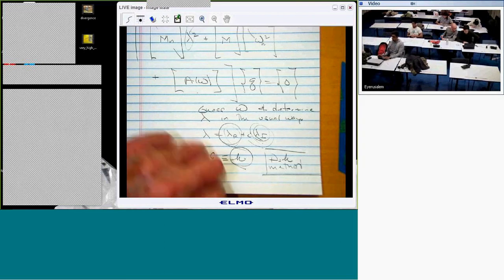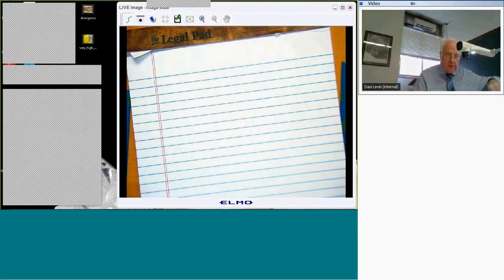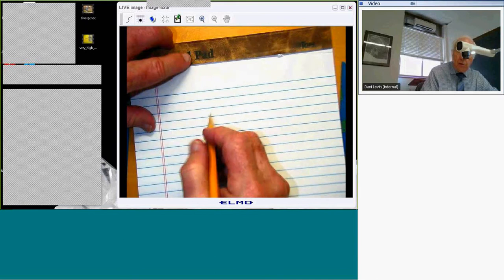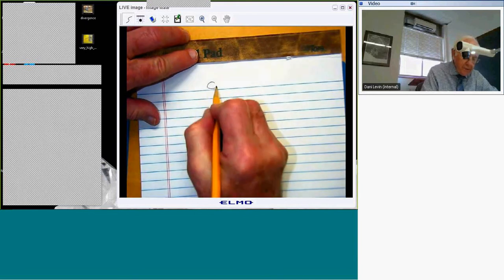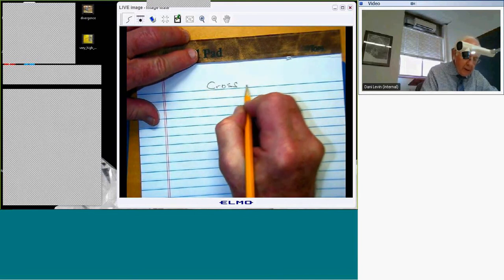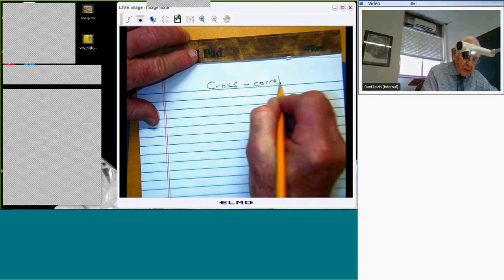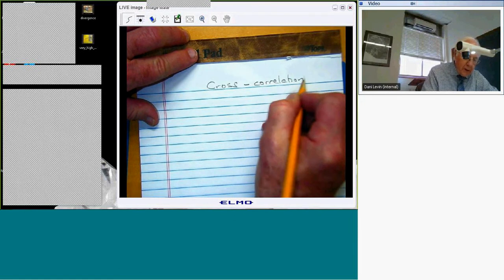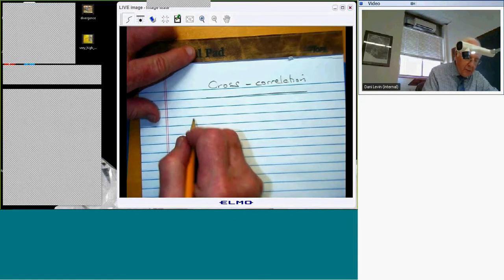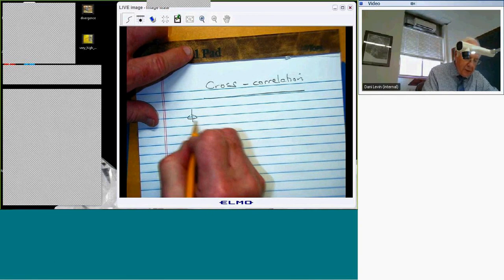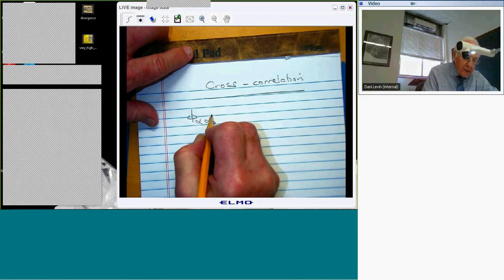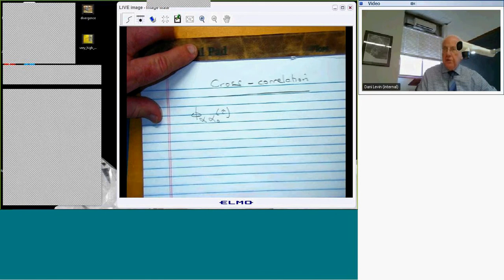Okay, I think I answered your question. Let me see if I did. You're talking about the cross correlation, is that right? Okay. So let's look at a cross correlation. And just to be definite, we'll look at the cross correlation between alpha and alpha naught. In general, it will be a function of some time delay tau.